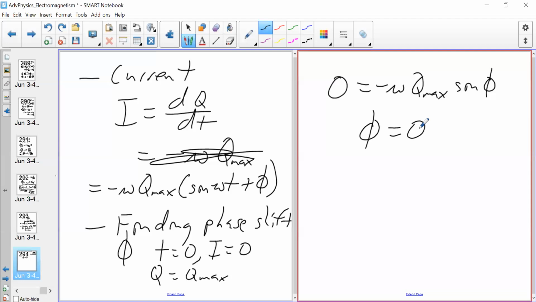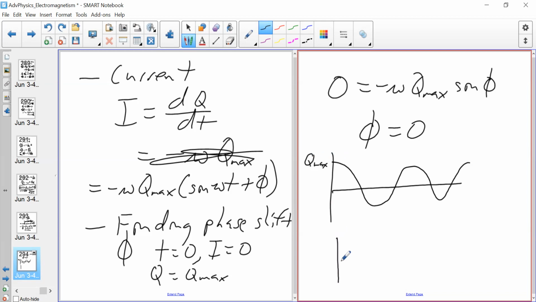So Q is going to oscillate in the normal cosine way, and current I will be the negative sine way. Where this is your max current, charge flows up, because the charge is the orientation, if you will.